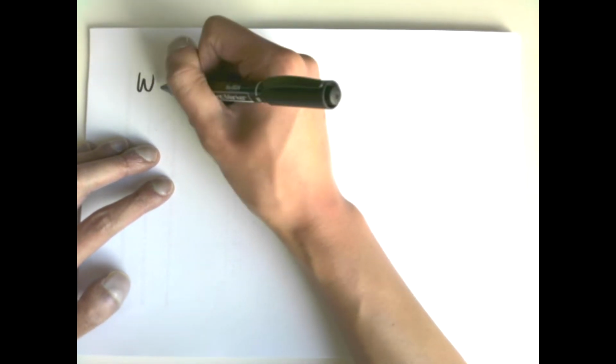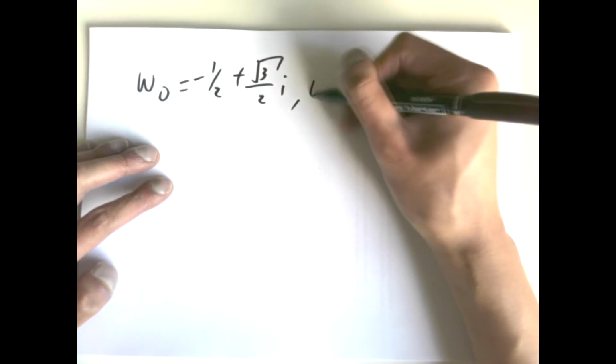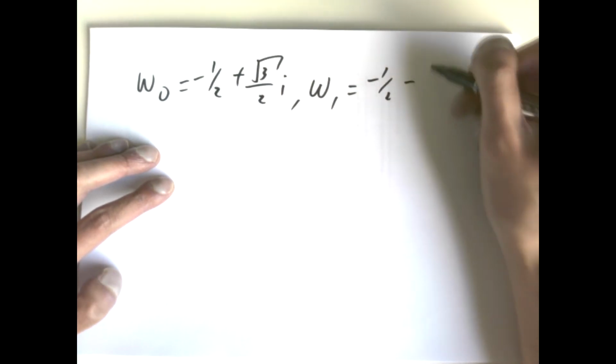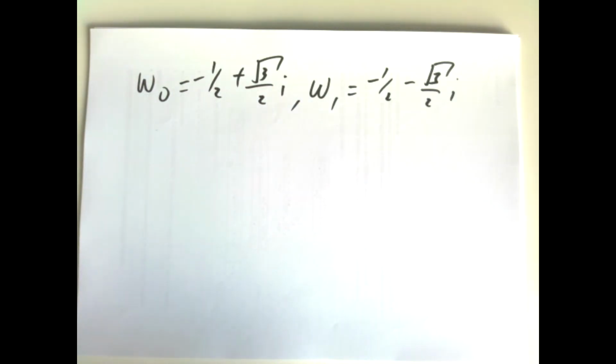Complex roots, for some reason, are always denoted by omega. The only difference between these two roots is the plus and the minus sign on the imaginary part. So these two complex numbers are indeed conjugate roots of each other.